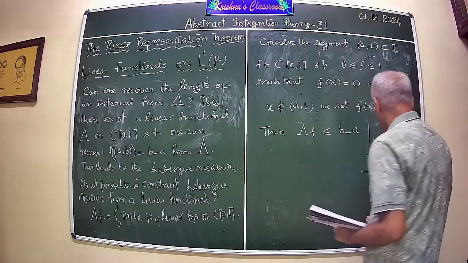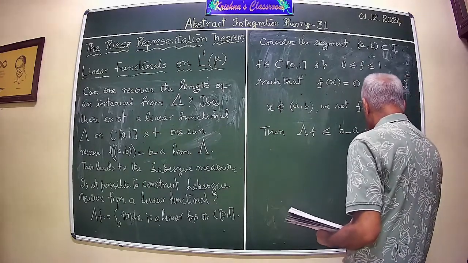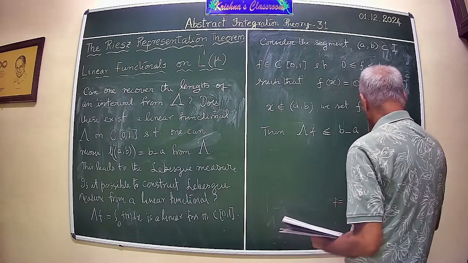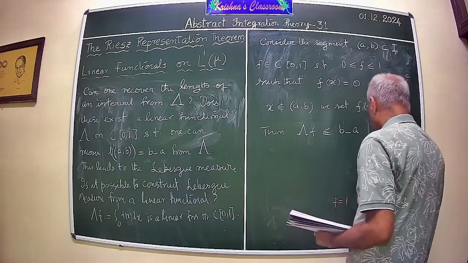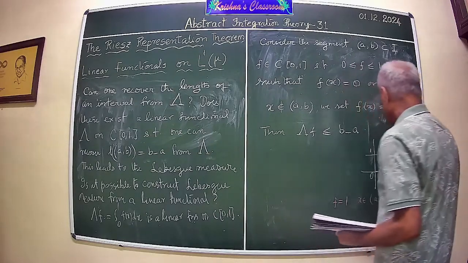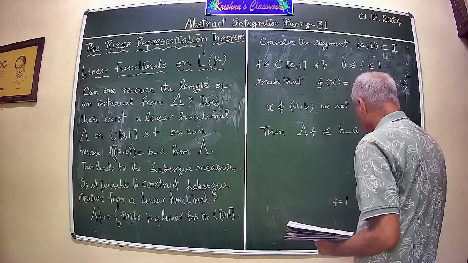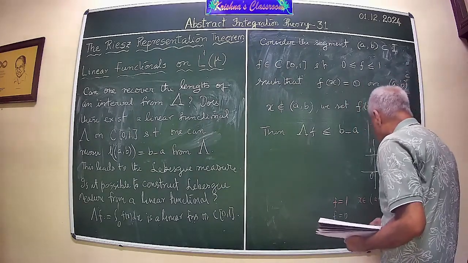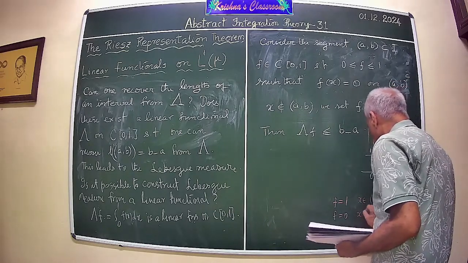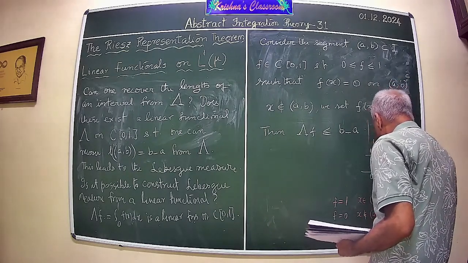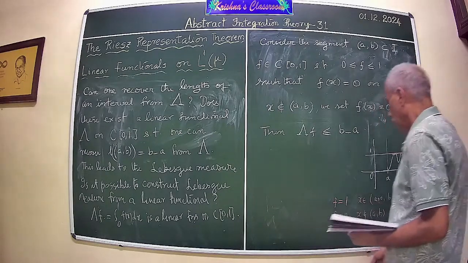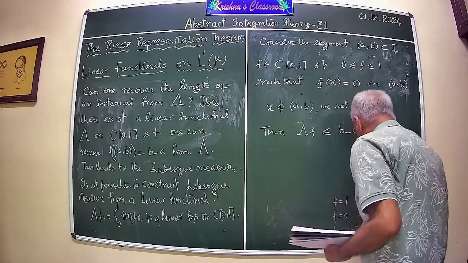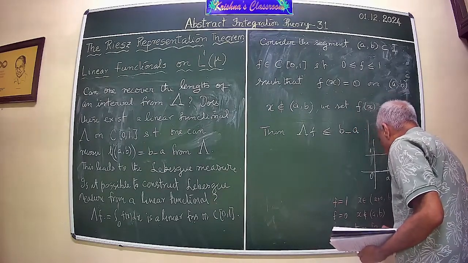We take f to be equal to 1 for x belonging to that interval, and f continuous, f equal to 0 outside AB. Now f is continuous on 0, 1.